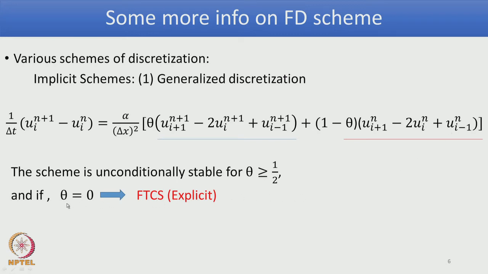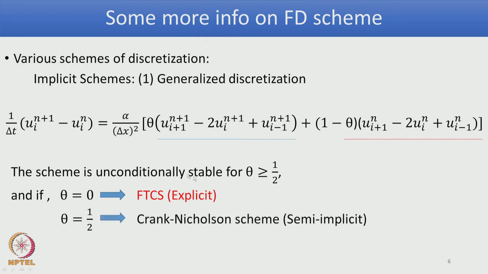So, for theta equal to 0, it results in forward in time, central in space, explicit. This we have already seen, and for theta equal to half, 0.5 value, we get equal weightage of implicit scheme and equal weightage of explicit scheme.